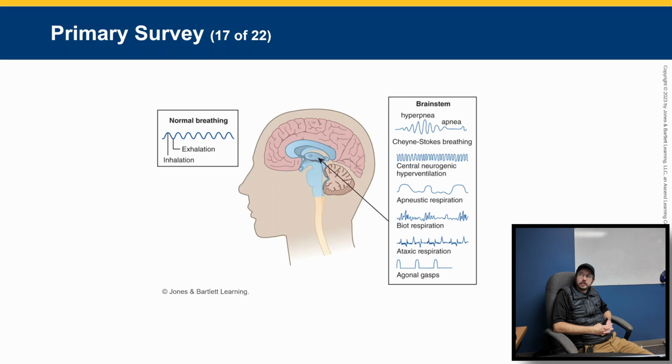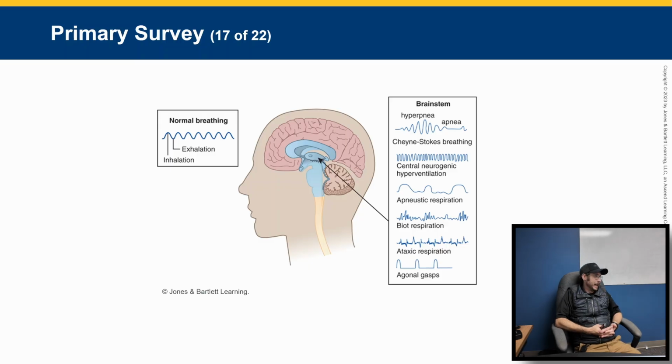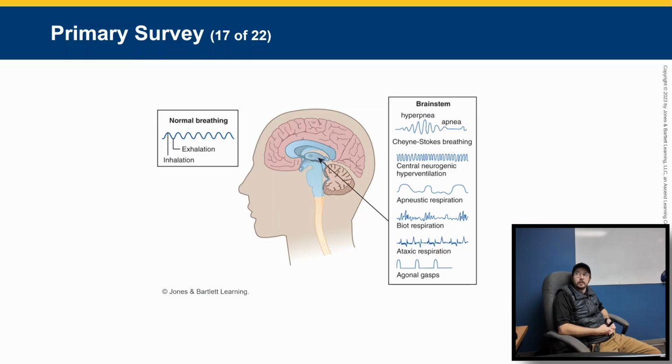Apneustic respiration is very random, with no real pattern to it. Biot's respirations, think about if you took the apneustic, where those are deep and slow.